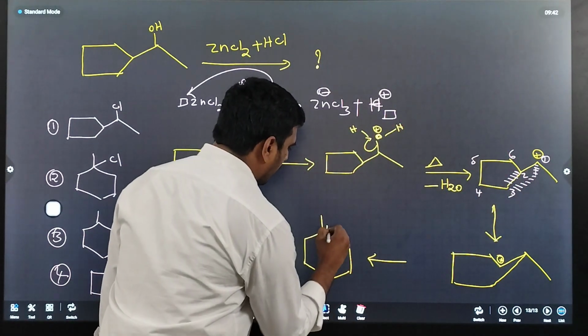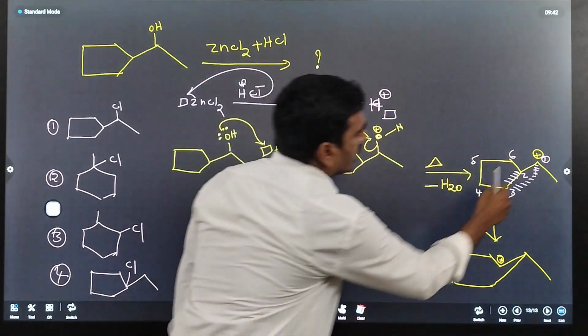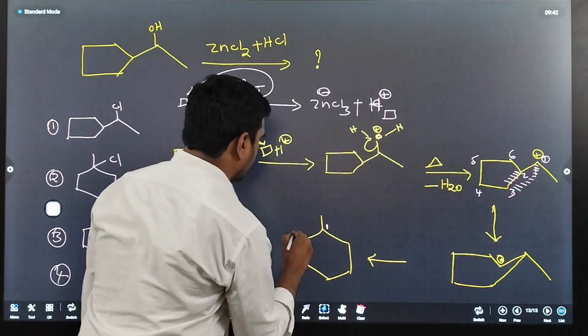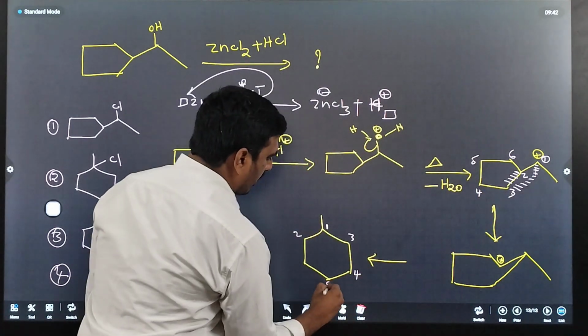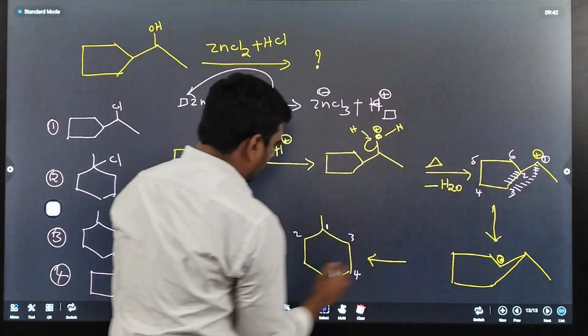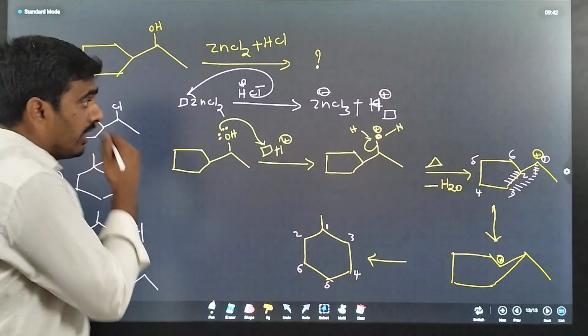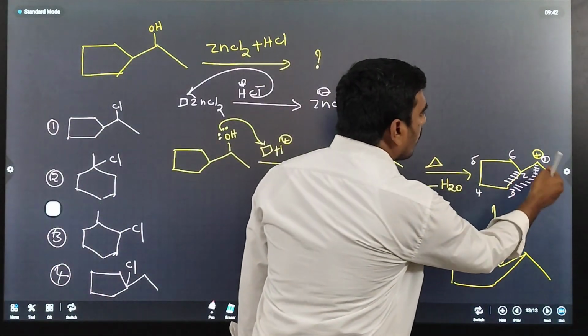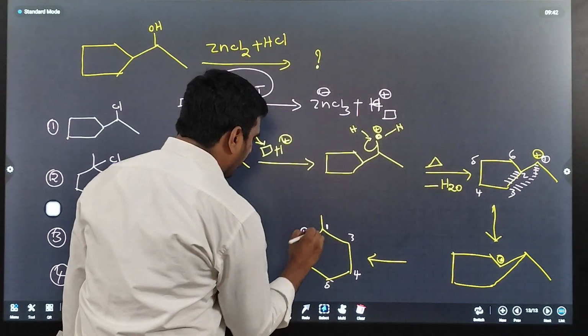Third is connected to fourth, 4 to 5, 5 to 6, and 6 to the second carbon. So the charge shifts from the first position to the second position. These are the rules.